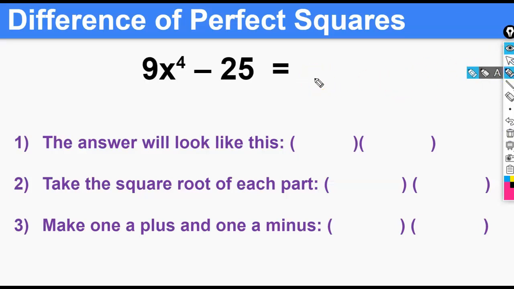Now, again, knowing your perfect square numbers, 9 is a perfect square. It's 3 squared. And 25 is a perfect square. It's 5 squared. My variable is x to the 4th. So I have to think about that for a second, because that's not x squared, but it's an even power. All even powers are perfect squares.